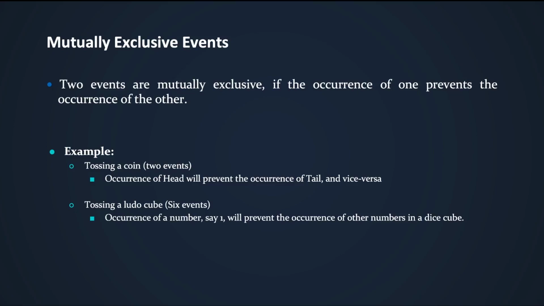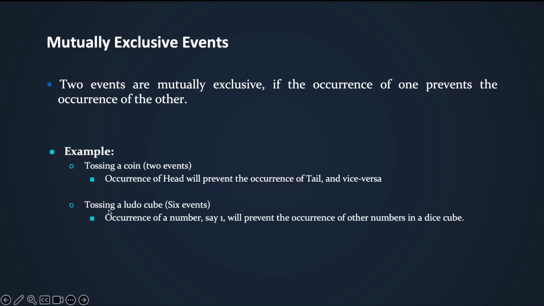For example, if I toss a coin, if it lands on head, the tail will not occur. Similarly, if we get tails, the head will not occur. Such kinds of events are called mutually exclusive events. So, this is the first term the students have to keep in mind.